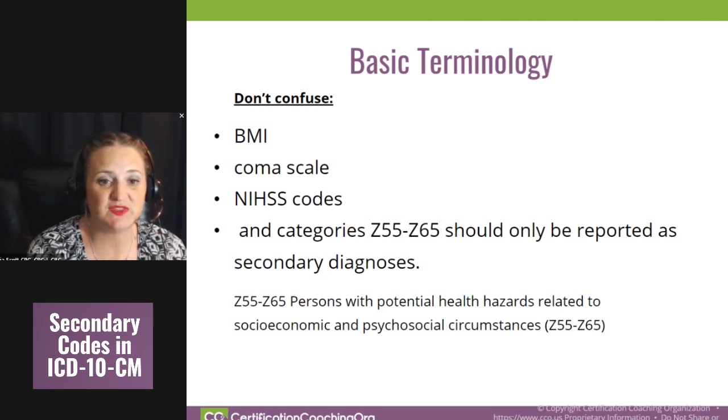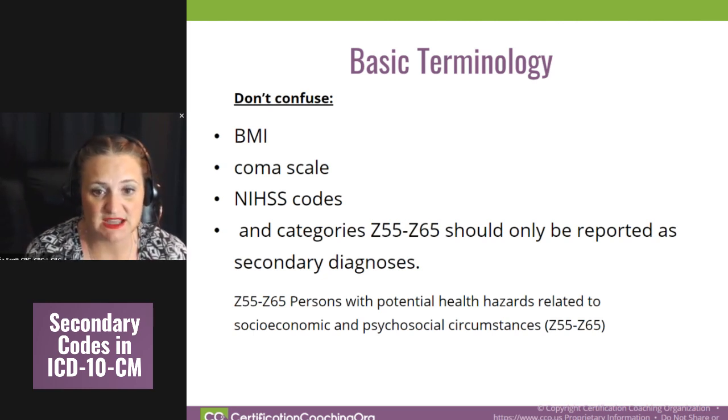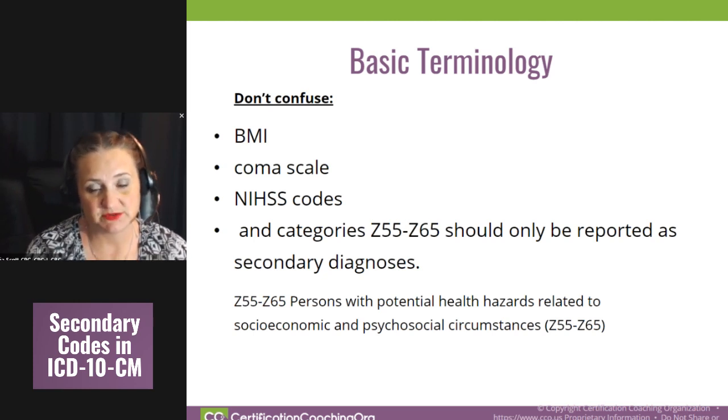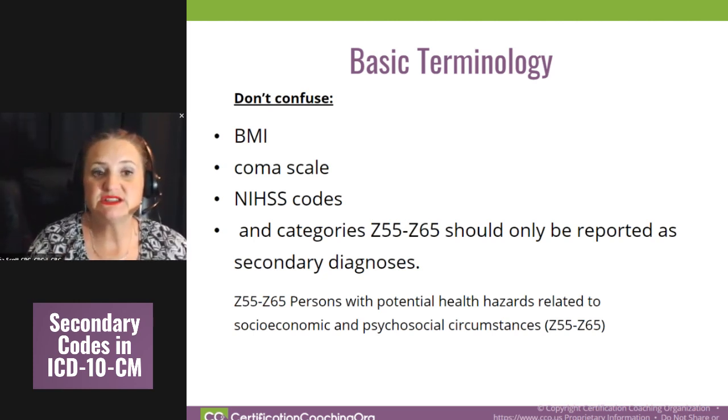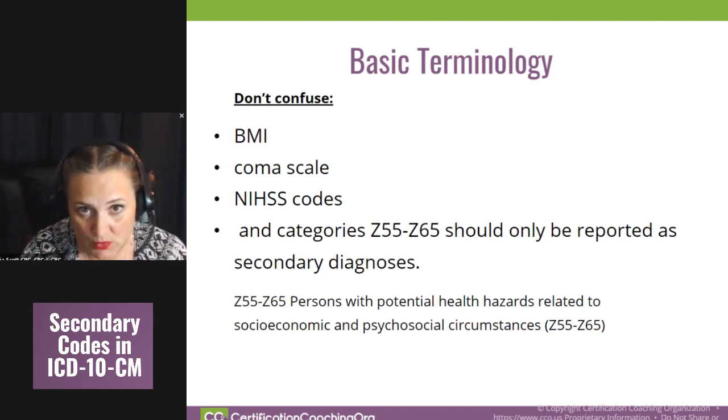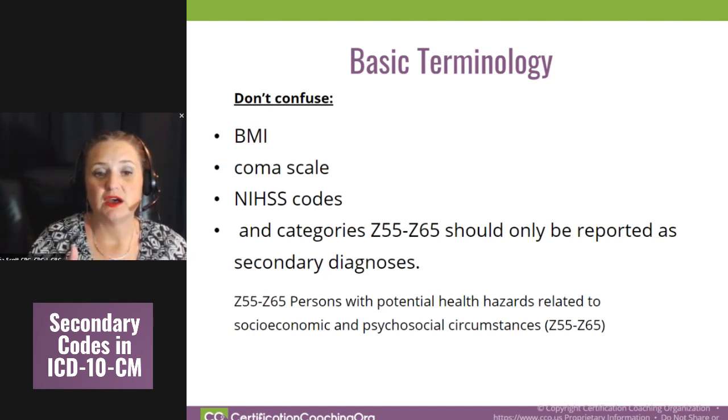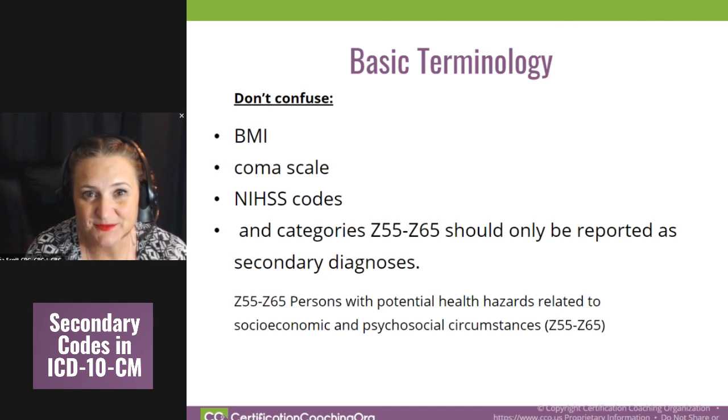I put that in there just in case you weren't familiar with that code range: these are potential health hazards and specific socioeconomic and psychological circumstances, right? So these are secondary codes that tell more of the story.